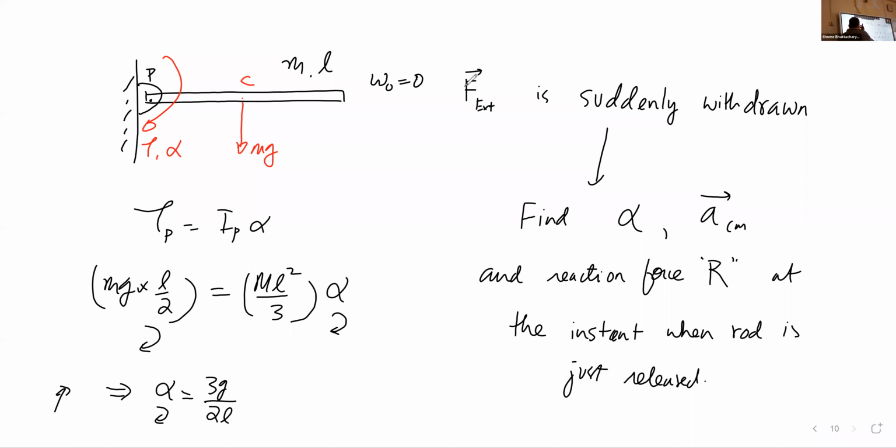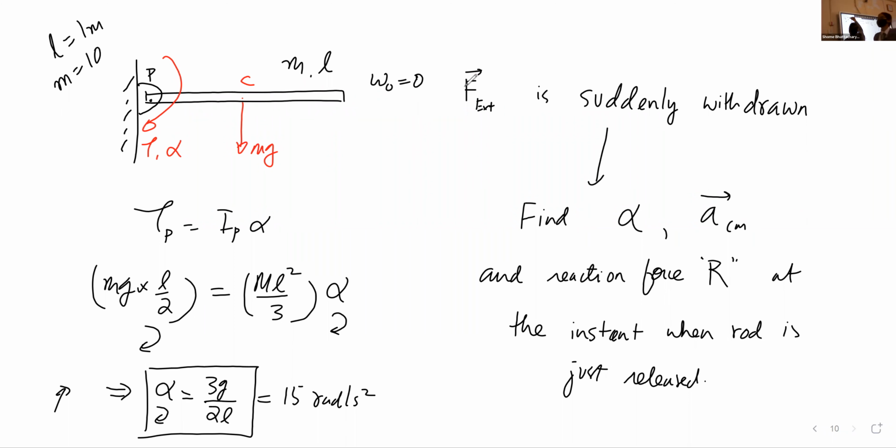So that's how much? 30 by 2, no? 15 radians per second square. So working it out numerically, because L was 1 meter.